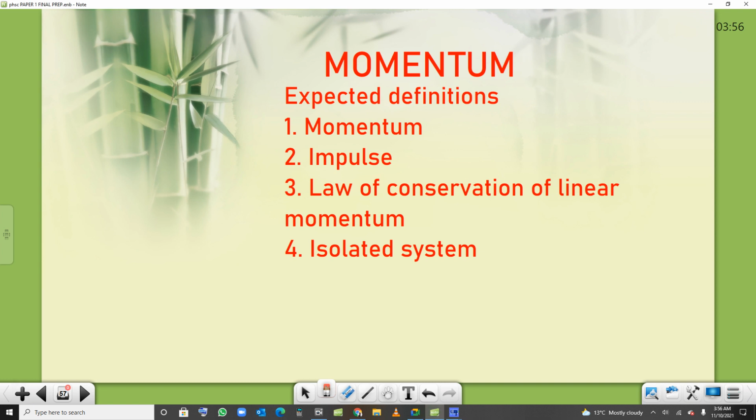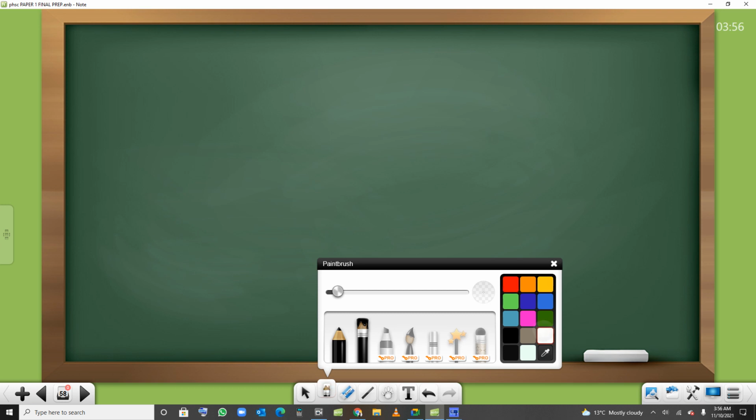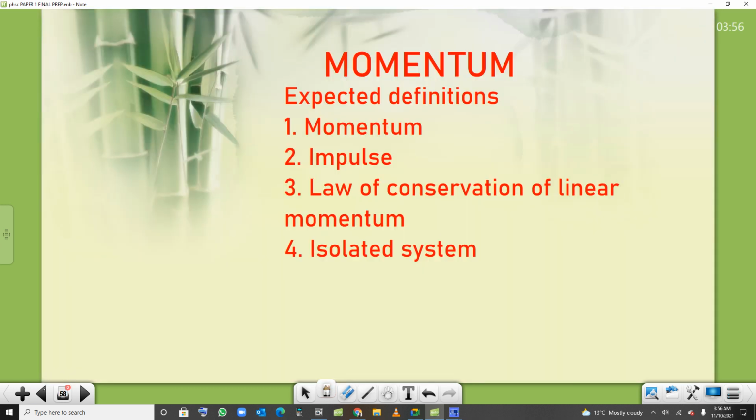Guys, just before I start looking at the question, I'm just going to run through. When it comes to momentum, oh no, I forgot. How can I forget? Number 5, elastic and inelastic.